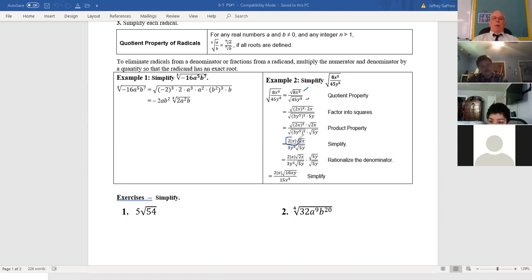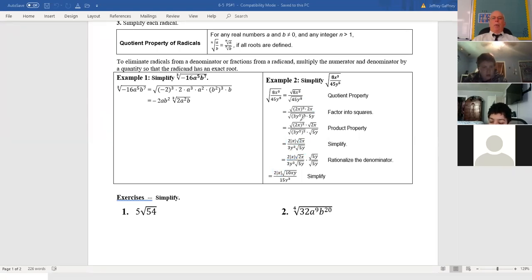I'm not going to get into absolute values; we'll address that in pre-cal next year. So that comes out as 2x, and it leaves one 2x still under the radical. And it's going to change here in a minute. So that takes care of the numerator.